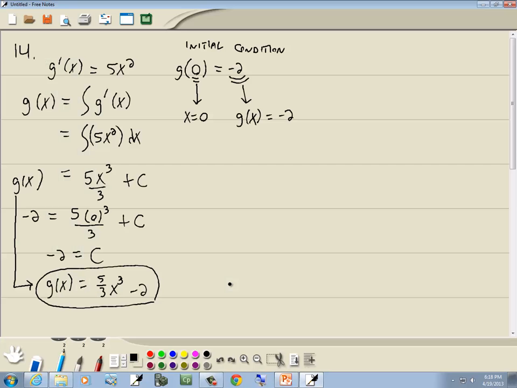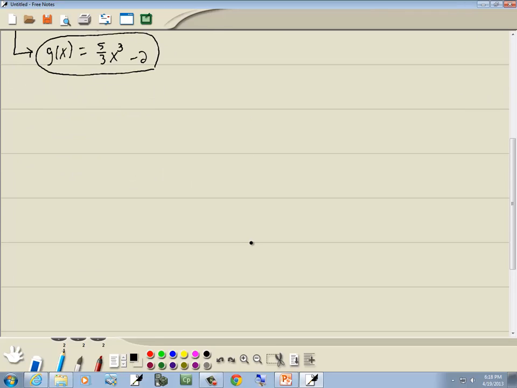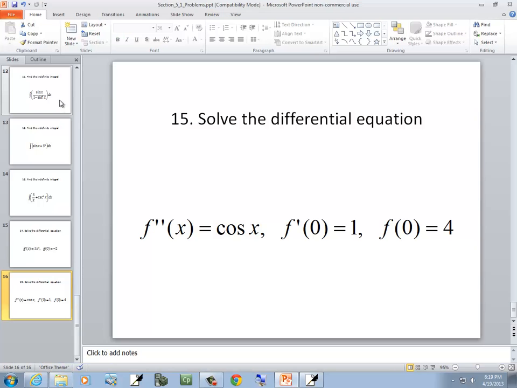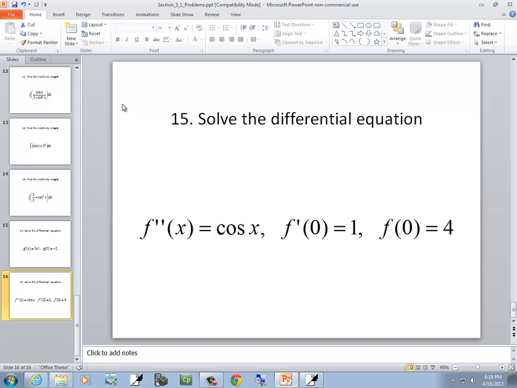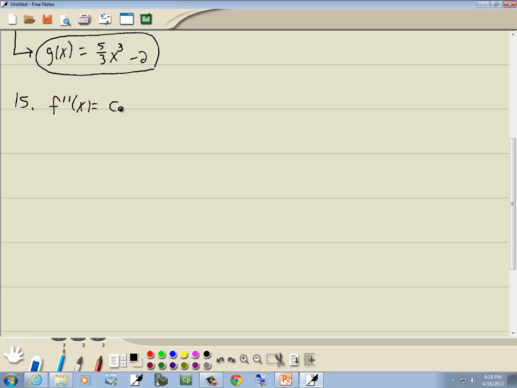Now let's take a look at this one. I think I have room. We got our second derivative is equal to cosine. And boy, I don't know. Might be kind of iffy. Let me start a new page. Sometimes these get kind of long.